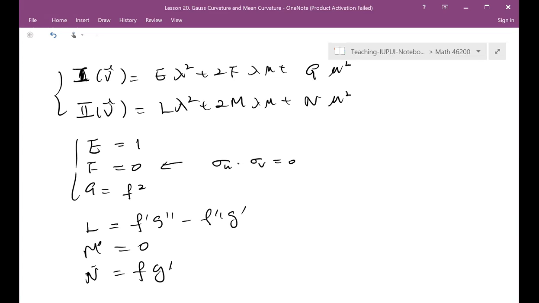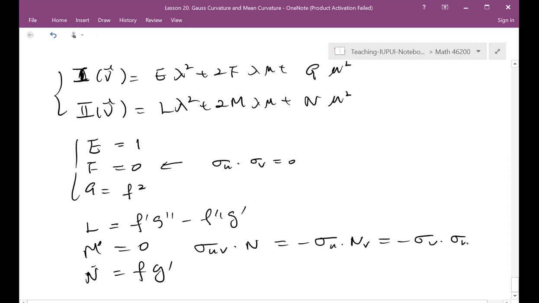Well, it's harder to tell what the meaning of M equal to 0 is, because this is going to be sigma_uv dot n, which is negative sigma_u dot n_v, and negative sigma_v dot n_u. That's going to be 0.